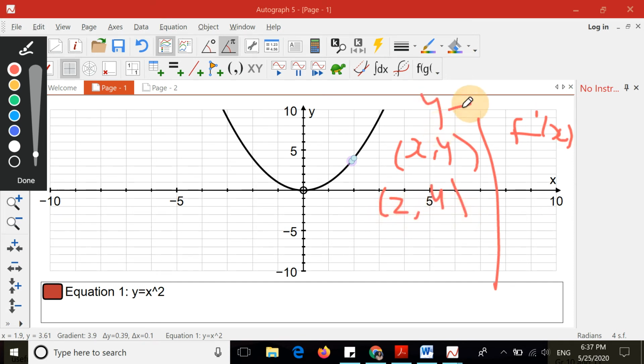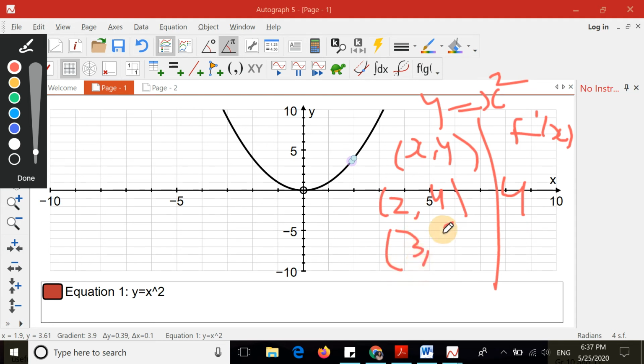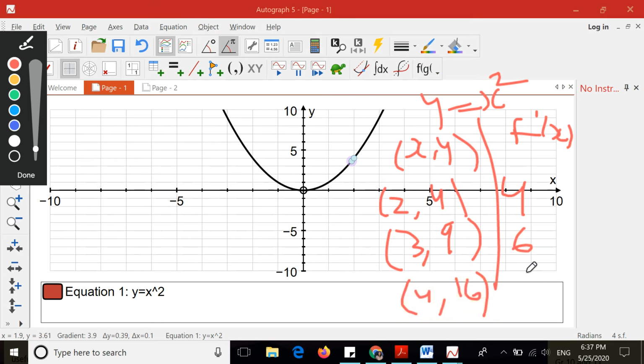Because the function is y is equal to x squared. Your gradient came out to be 4, to the nearest whole number, and then when you did 3 comma 9, this came out to be 6, and when this is 4 comma 16, hopefully you will see that this came out to be 8. Now go ahead and do more, maybe 5 comma 25, and you will see that the gradient came out to be 10.